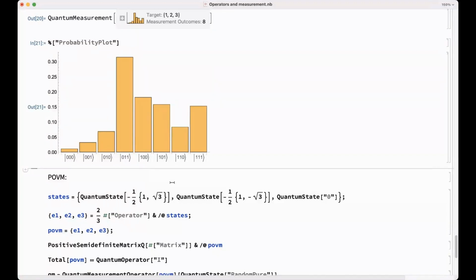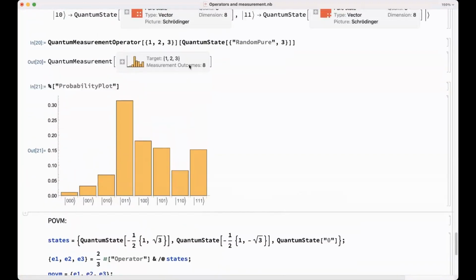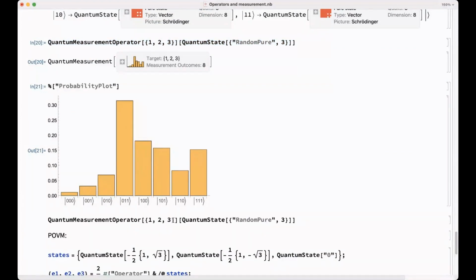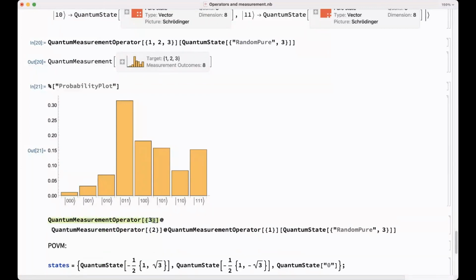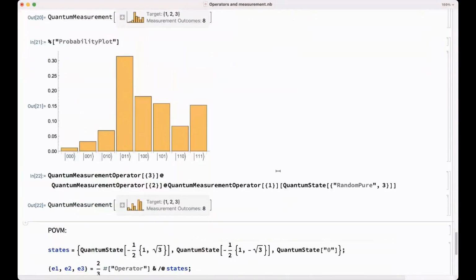You can have a composition of measurements, or literally an operator. You can do it in 3 steps. You can say, first measure qubit 1, then measure qubit 2, then measure qubit 3. This is another way of constructing your measurements.